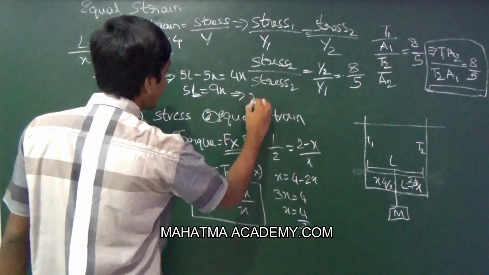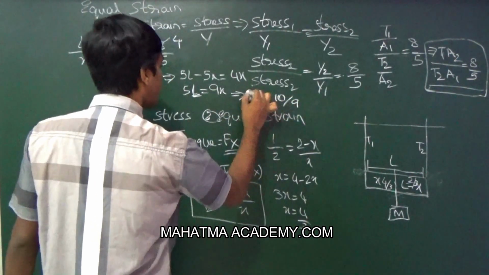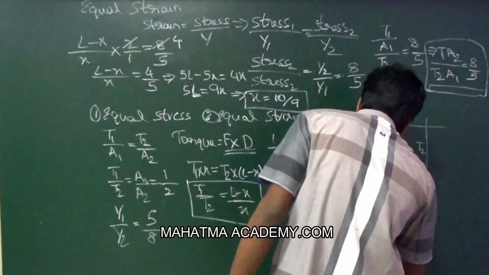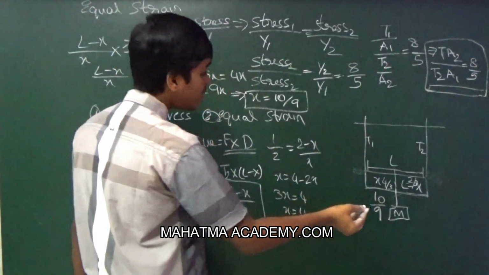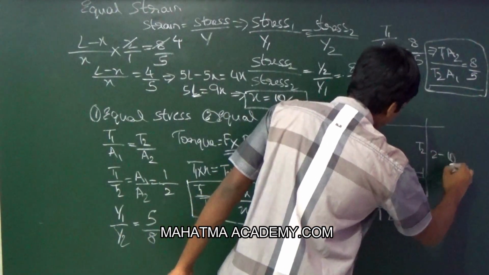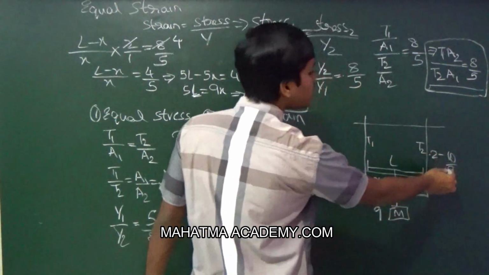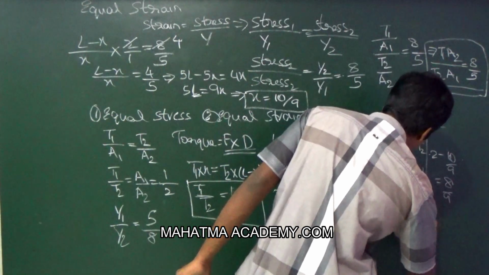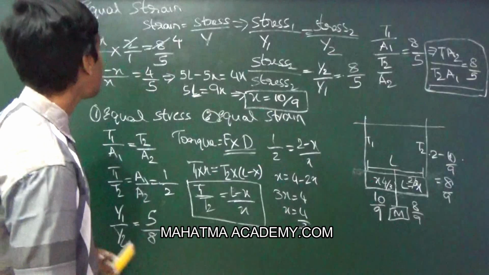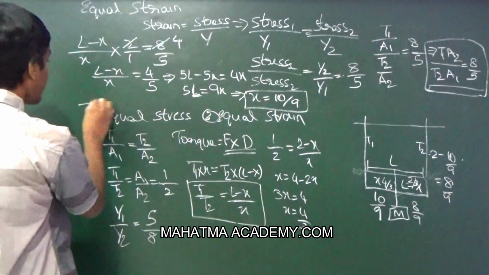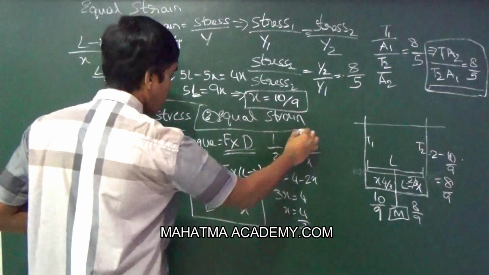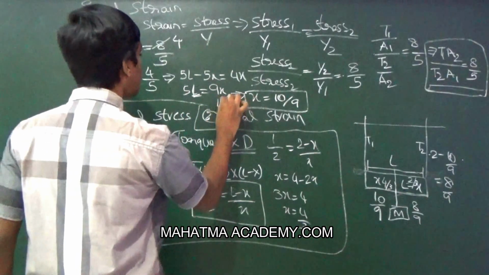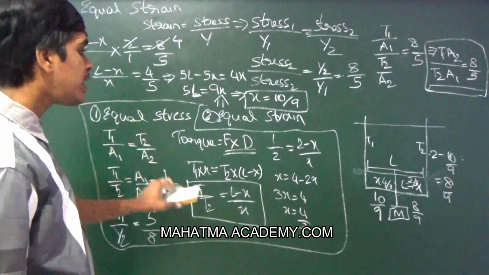So from this X is equal to 10 by 9, and the other is 2 minus 10 by 9, which is 18 minus 10 over 9, that is 8 by 9. So we have completed the last question of Young's modulus, the first case and the second case.